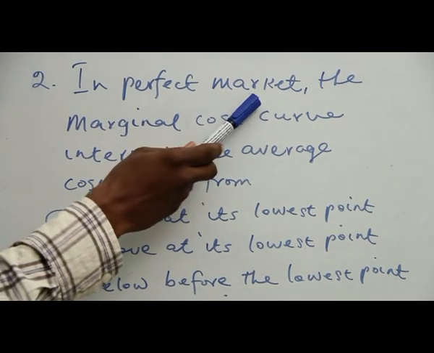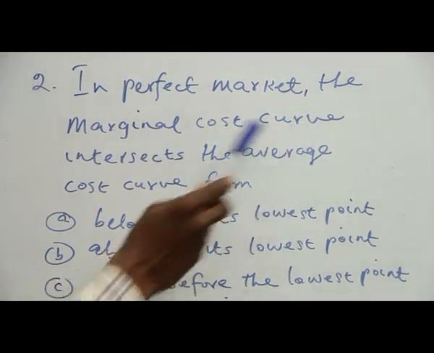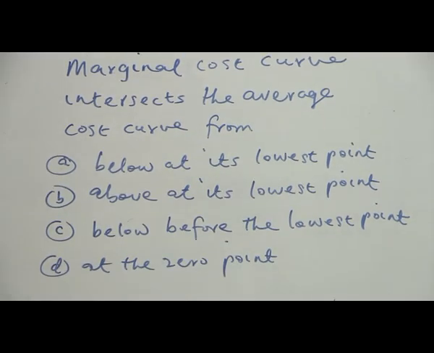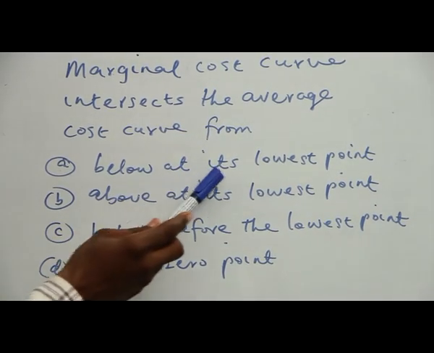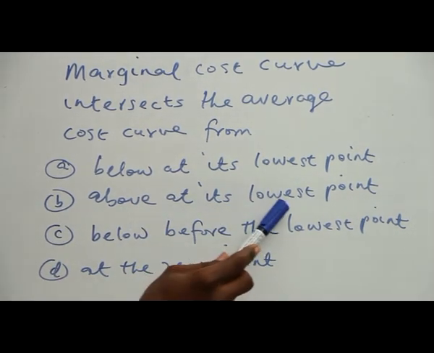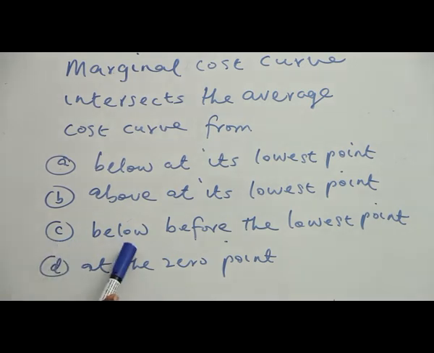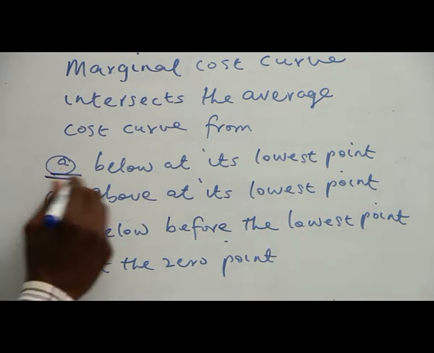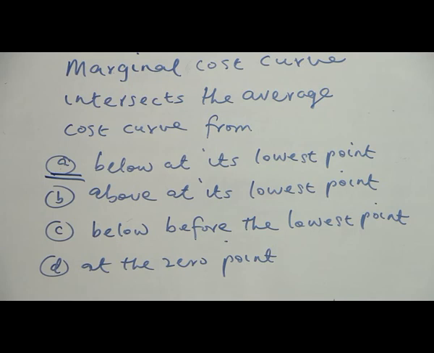In perfect market, the marginal cost curve intersects the average cost curve from A, below at its lowest point; B, above at its lowest point; C, below before the lowest point; D, at the 0 point. The right answer is A, below at its lowest point.